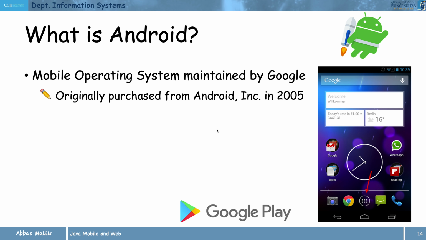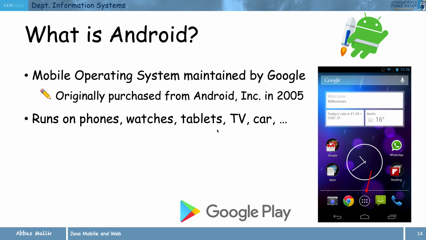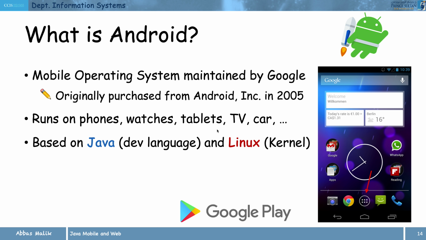Mobile operating system originally from Android Inc. in 2005, later acquired by Google, and it runs on phones, watches, tablets, TVs, and cars. Even now we have Android Auto and Apple CarPlay inside our cars. It is based on the Java development language and the Linux kernel; the main base of that operating system is Linux.